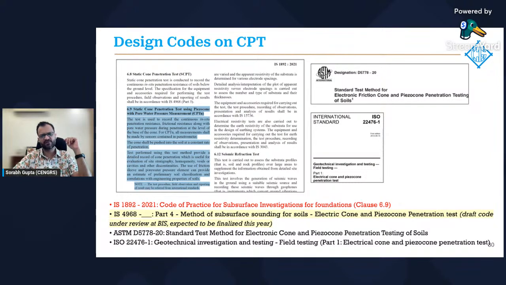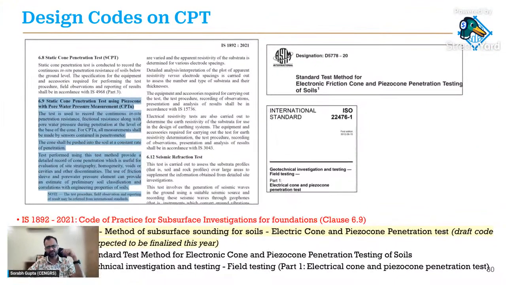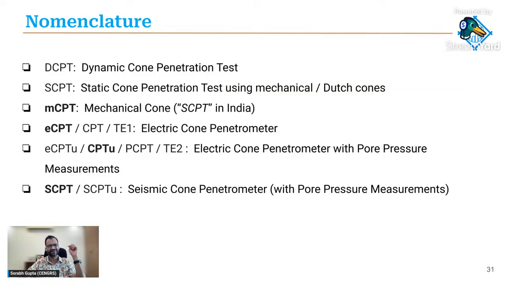So that is the first time. I'm happy to announce also that there is a committee in place. I'm a member of that committee, where we are trying to come up with a standalone code for CPTs, for electric cone and piezo cone testing. It's in draft right now, and hopefully it should come out later this year. So fingers crossed for that.